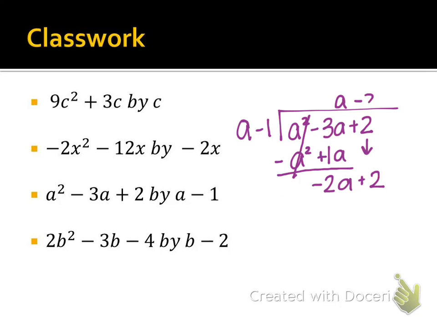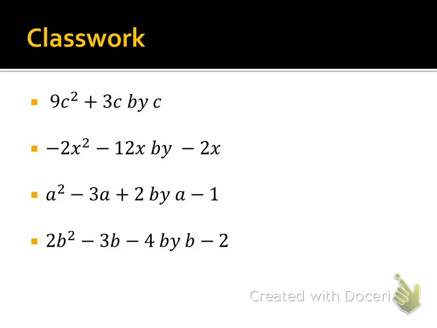Negative 2. Negative 2 times a is negative 2a. What's negative 2 times negative 1? 2. Positive 2. Change my signs. And what happens here? Cancels out, so my final answer is a minus 2. No remainder. All right, last one.